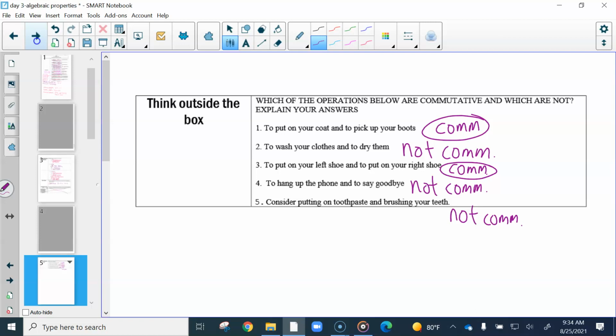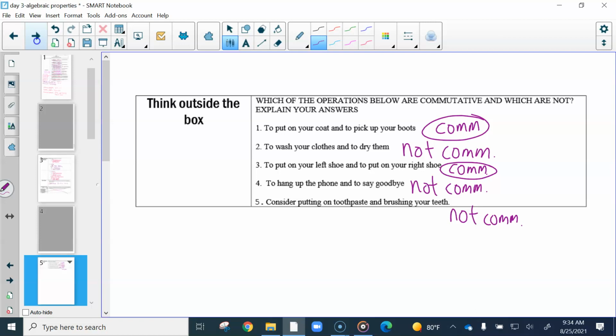If you're talking about pants and shirt, that order doesn't matter. But underwear and pants matters. The order you put on socks doesn't matter if you put on left or right. Now if you're saying socks and shoes, that order matters.